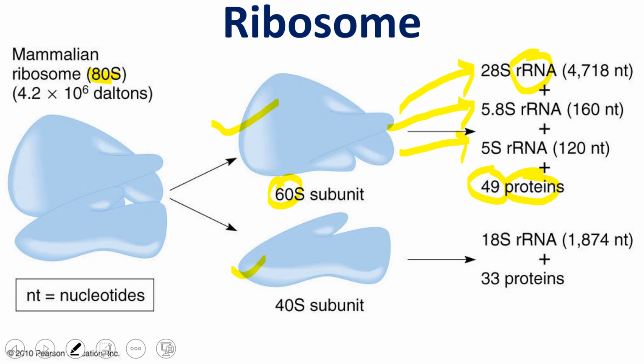Similarly, the 40S subunit of eukaryotic cells contains only one ribosomal RNA, that is 18S, and it contains 33 proteins. So these are the components of the ribosomes of eukaryotic cells. It contains four different ribosomal RNAs: 28S, 5.8S, 5S in the large subunit, and 18S in the small subunit, and then some proteins.